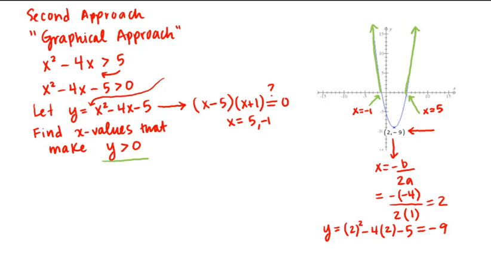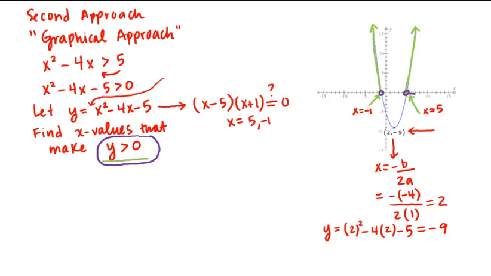Now we know y is equal to 0 at those values, but we're only interested in the x values that make y strictly greater than 0. Therefore, we need to exclude those values in our answer. So we'll put open circles here on the graph.